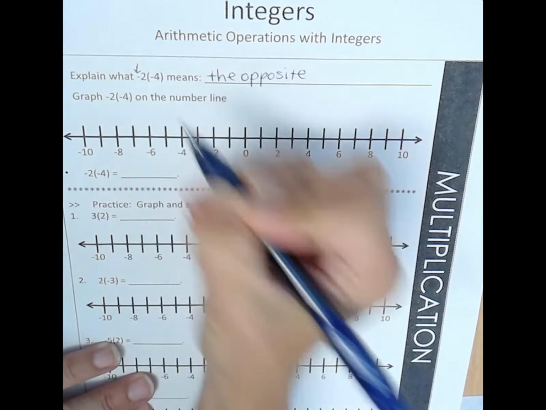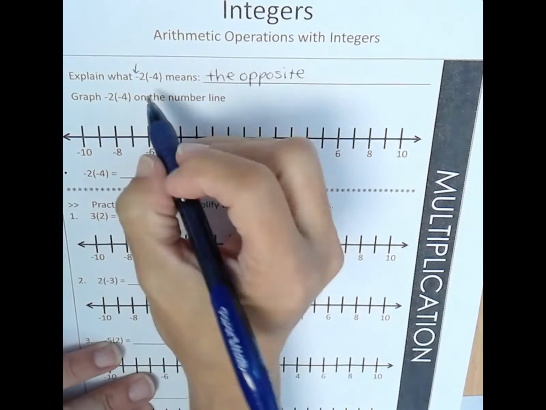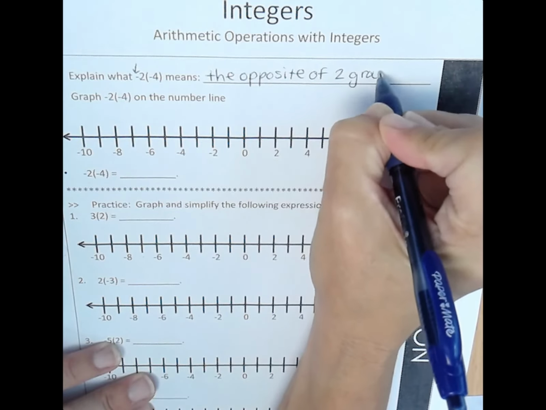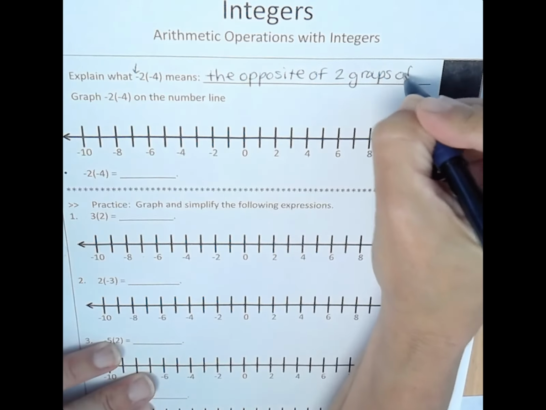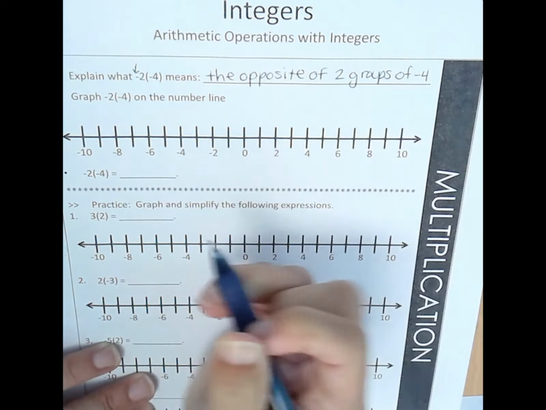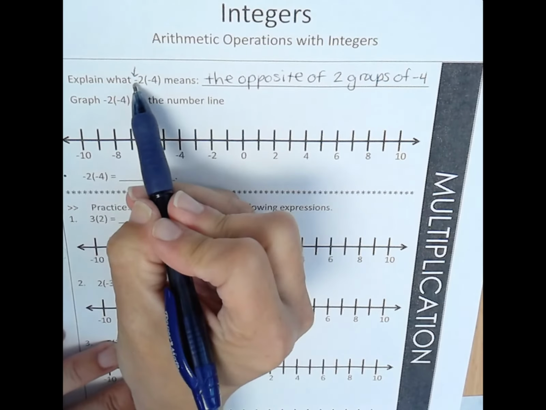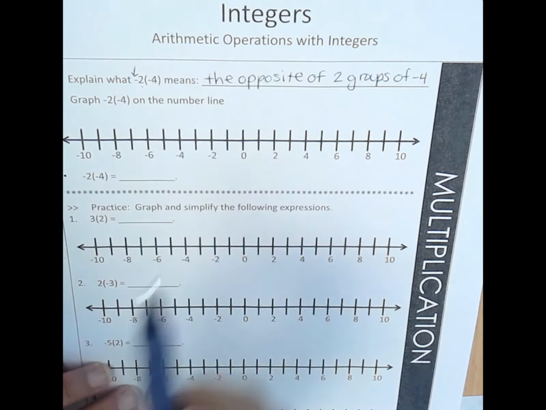So again, we're using that little negative sign to mean opposite. It's the opposite of 2 groups of -4. That's tricky. Okay, so be careful. This is the opposite of 2 groups of -4.